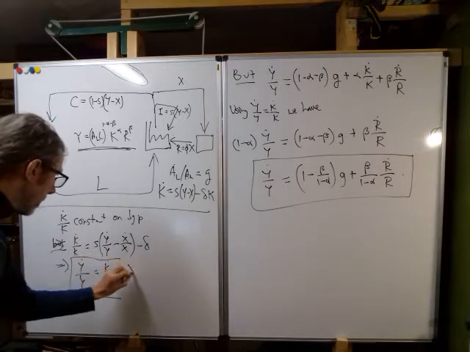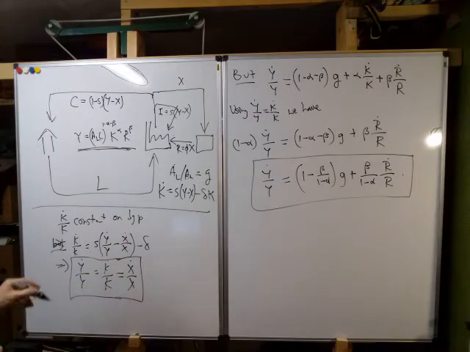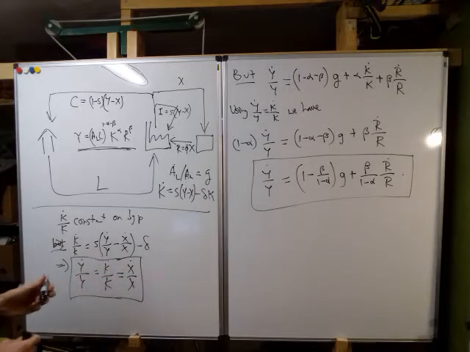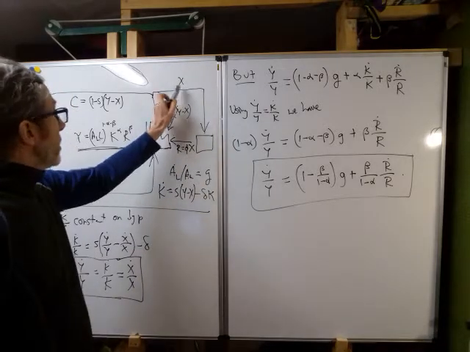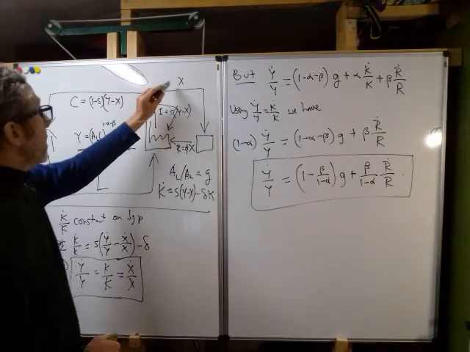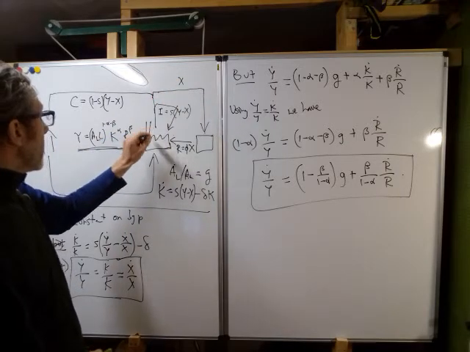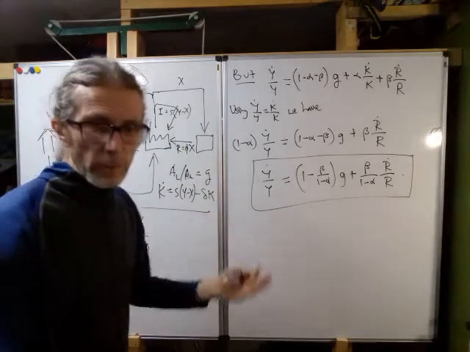So for balance, not only does k dot over k have to be equal to y dot over y, but x dot over x has to be equal to y dot over y too. You could see it intuitively here. If x is growing at a different rate compared to y, then this can't be balanced, right?